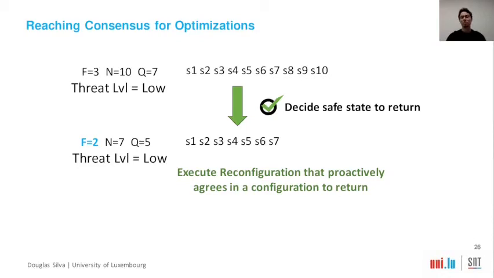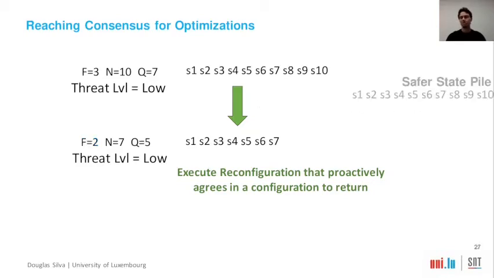Less resilience is accepted, so we can go to a more optimal state with better latency, a system with just 7 replicas, where the fault threshold would be equal to 2. Now that we have a majority of the 10 replicas, we proactively agree on a safe state to return to whenever the system needs. So we save that last state in a safer state pile.